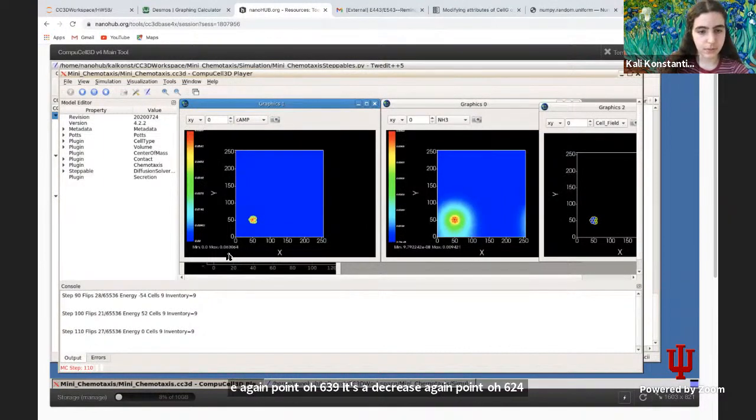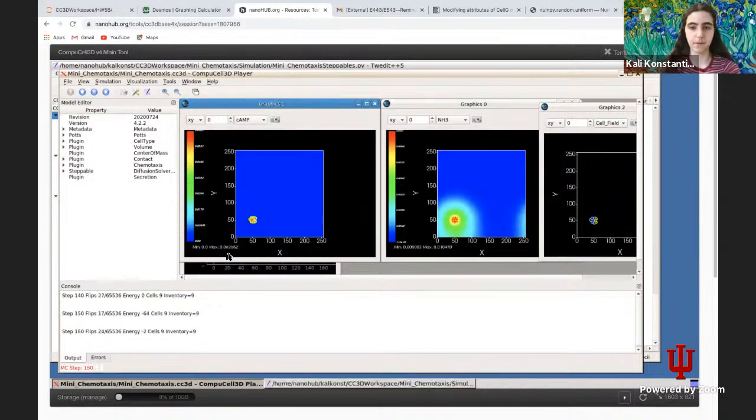Now we're seeing another increase, 0.063, 0.0634, and so on. So now we're seeing more of the oscillating behavior that we'd expect around the maximum cyclic AMP, instead of a strict increase like we were seeing before.